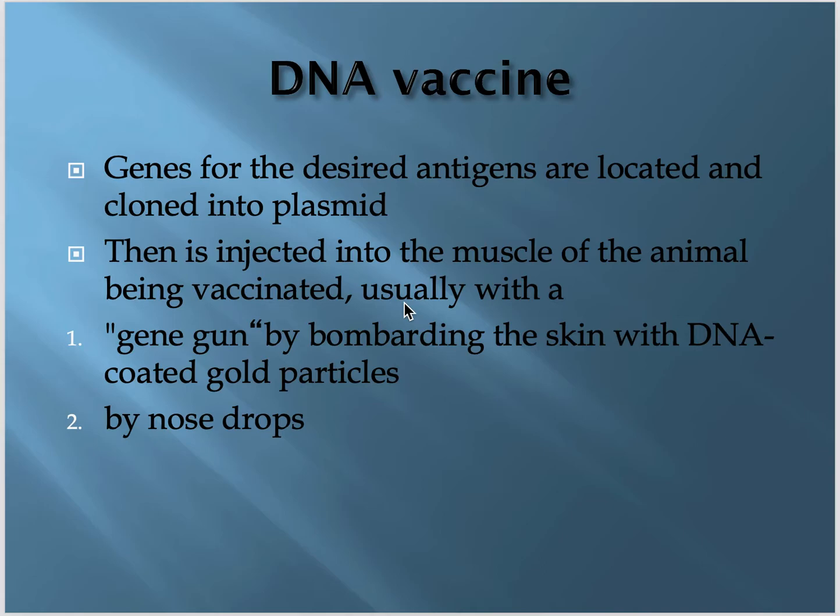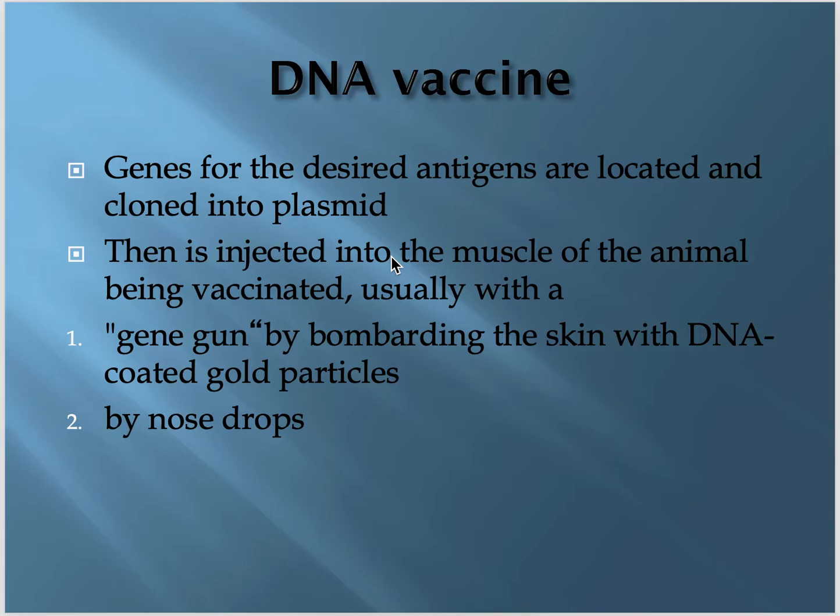The first few steps to generate a DNA vaccine are almost the same as for the recombinant vaccine. If you want to develop a DNA vaccine, first you have to locate or get the gene which encodes the desired antigen.